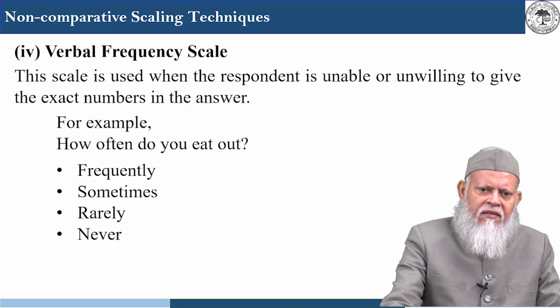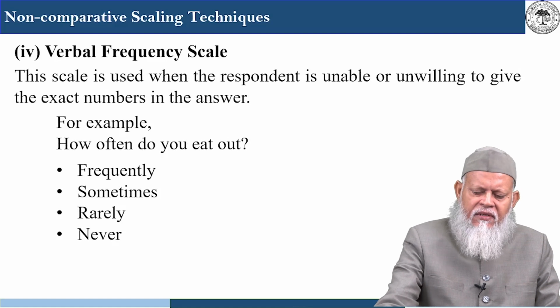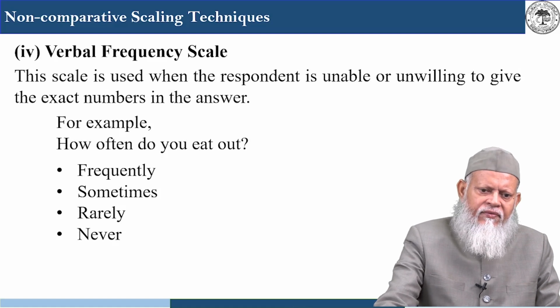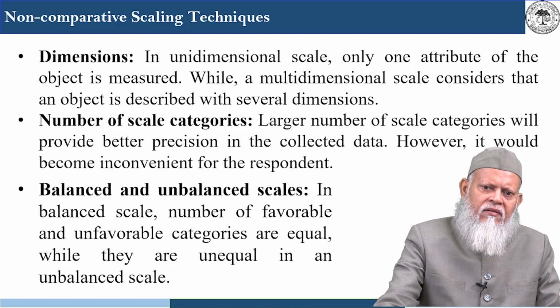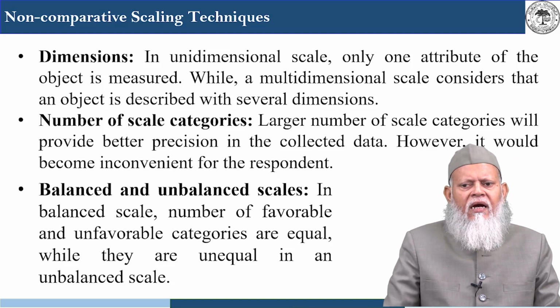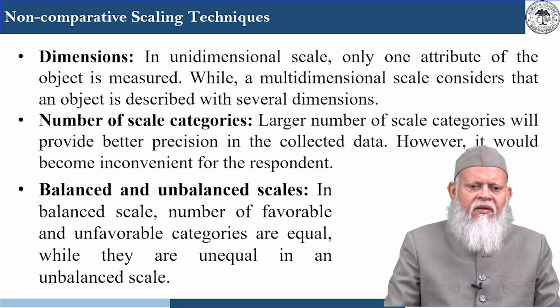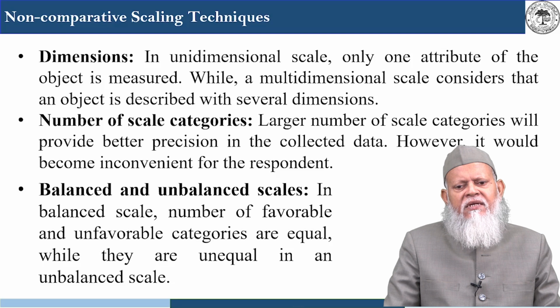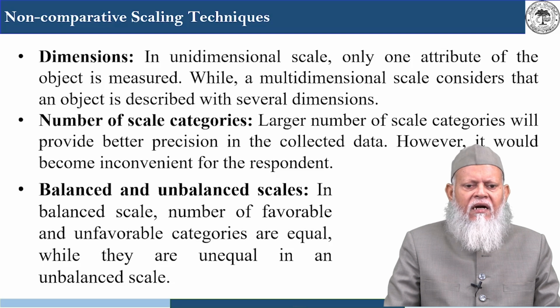In the unidimensional scale, one attribute of the object is measured, while in multidimensional scale we can develop the scale into several dimensions. Number of scale categories: larger number of scale categories will provide better precision in the collected data.